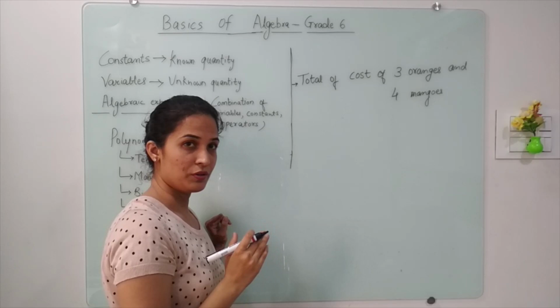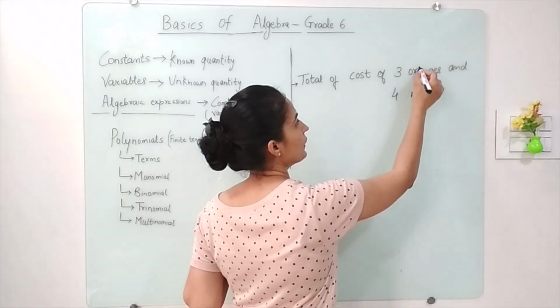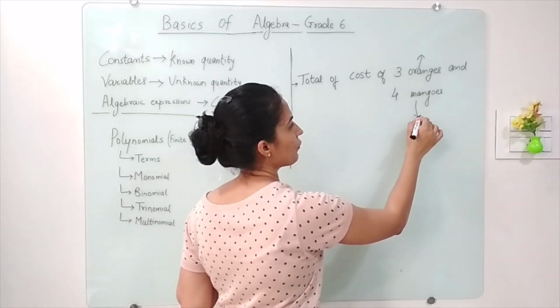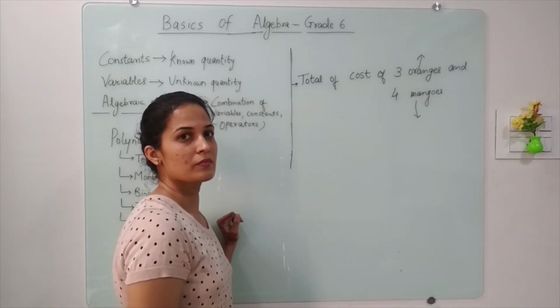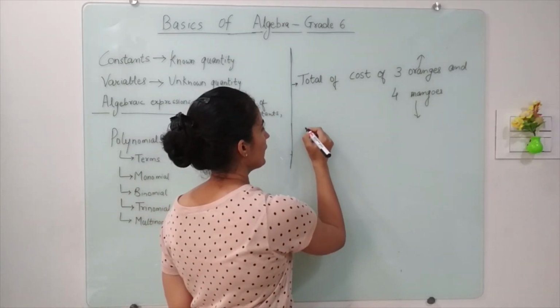And if you read it carefully, now we can see here that we don't know the cost of these oranges, we don't know the cost of mangoes. So I will write it as assume.